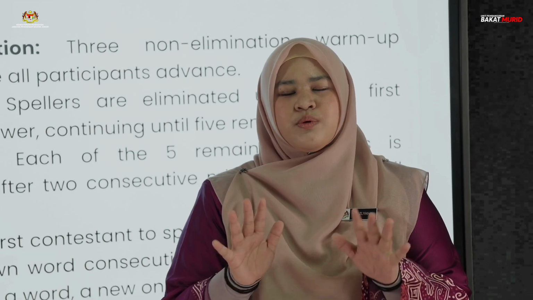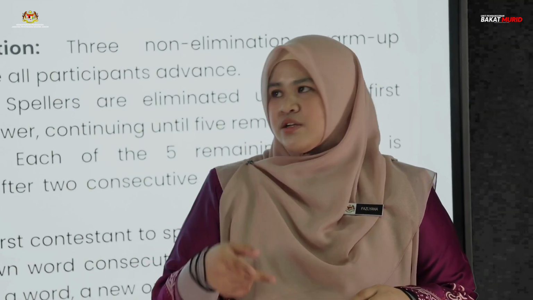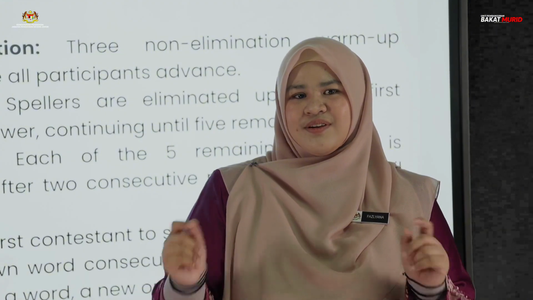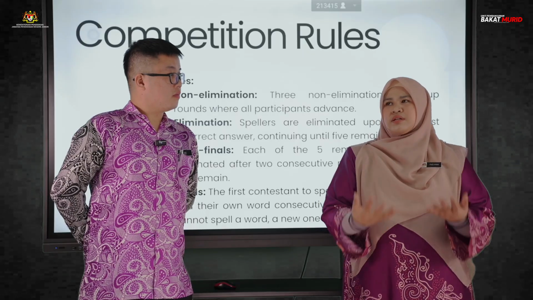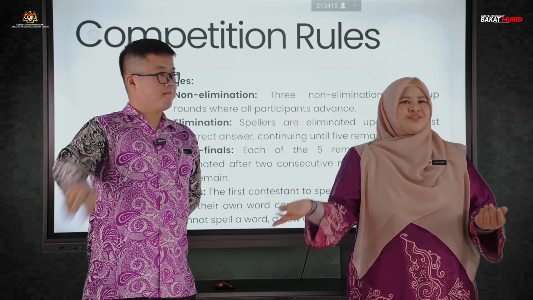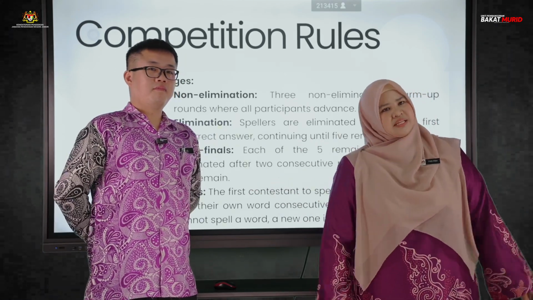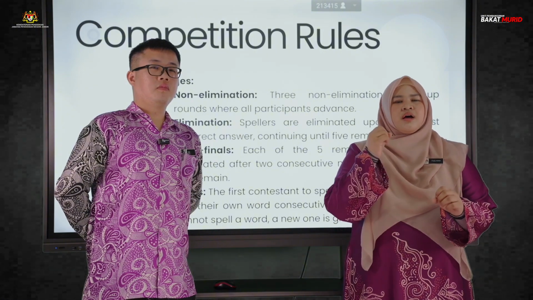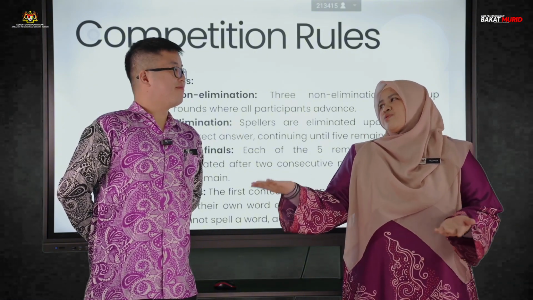Only then they will be eliminated. If it's not consecutive, they still have a chance to be in the game. Until it is left with how many, Mr. Lee? 2. 2 spellers only. And these 2 spellers are the ones deciding who's the winner.